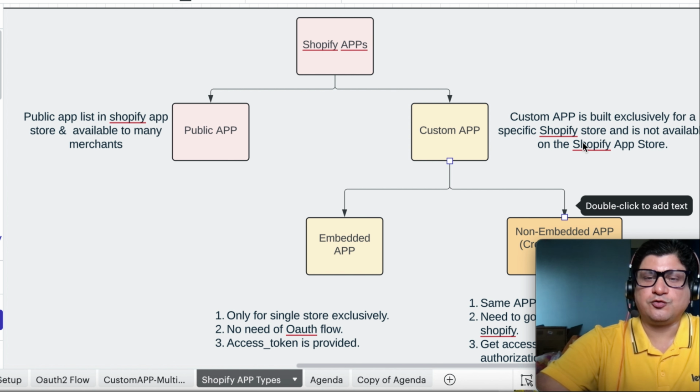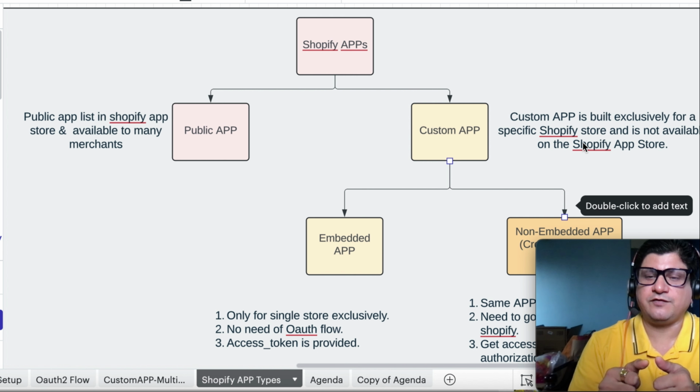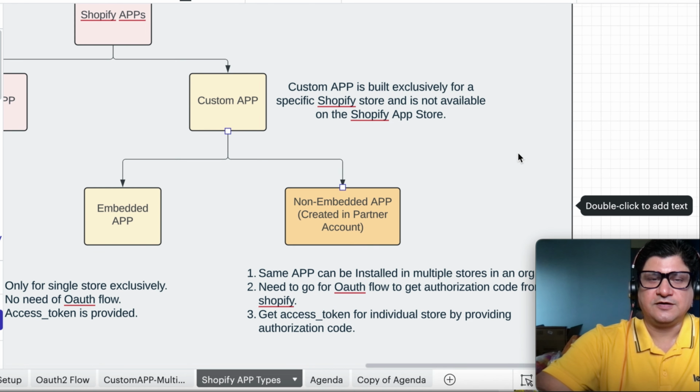This app we build exclusively for a specific Shopify store for a specific merchant, and it will not be listed on the Shopify App Store, because you will be creating this app for a specific merchant, a specific client, for a specific store. Now there are two types of custom apps that you can create, right?